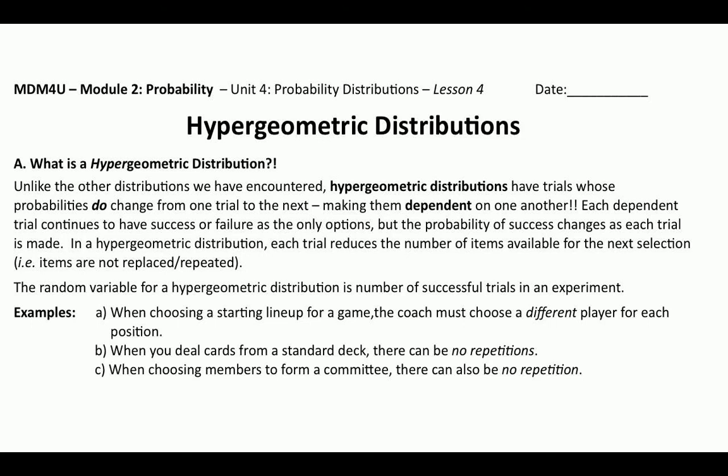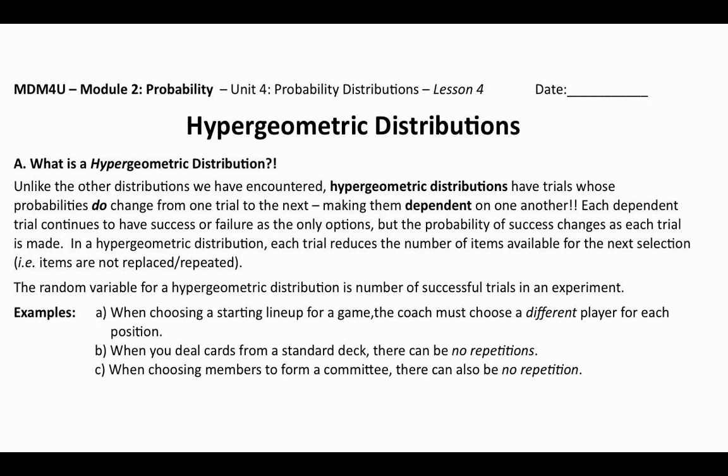All right, so a couple examples of where we're going to see this. When choosing a starting lineup for a game, a coach must choose a different player for each position. That would really be dependent on who I choose first and put in this position, or who I choose second. So the probabilities would change. When you deal from a standard deck of cards, there's no repetition.